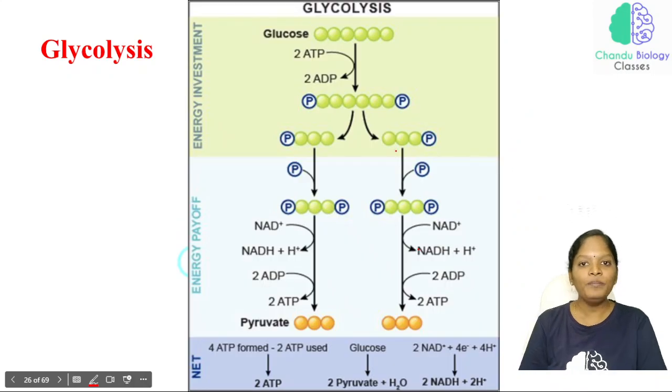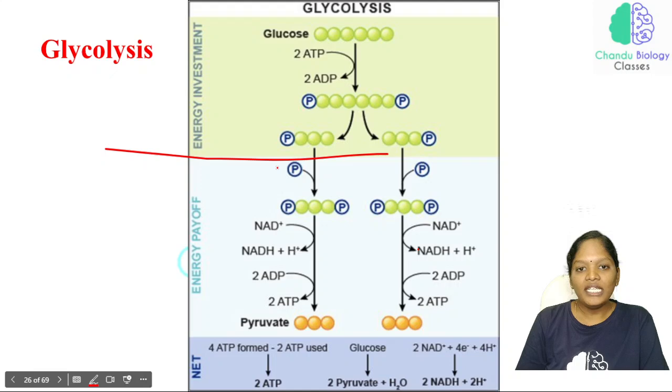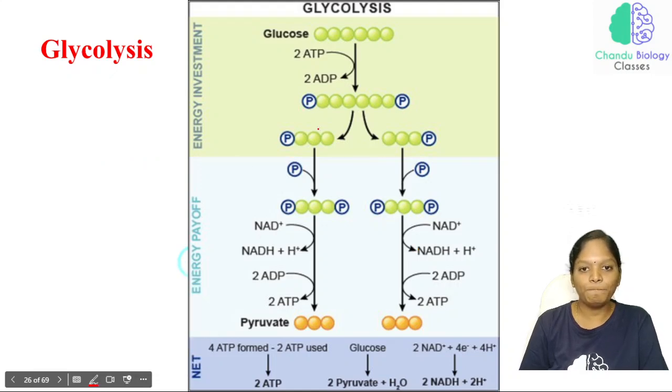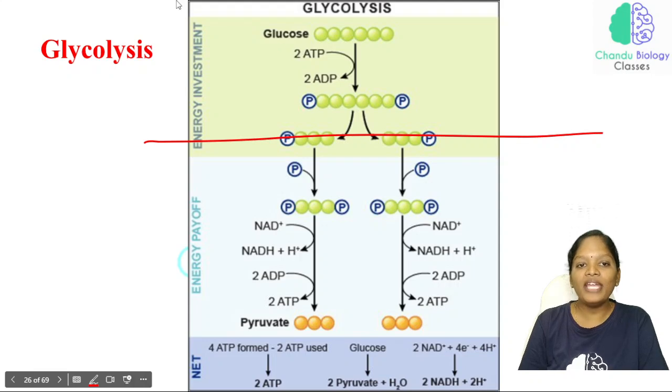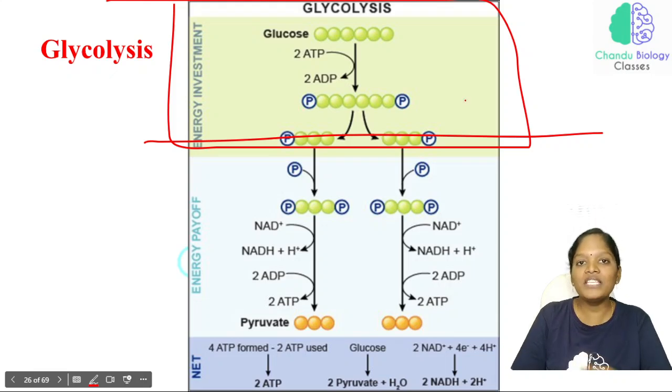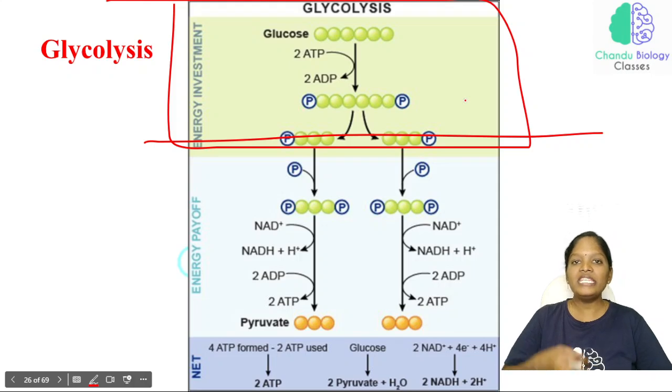Just look here, wherever it is converting into 2 branches, dihydroxyacetone phosphate and glyceraldehyde 3-phosphate, up to that reaction is the energy investment phase, that is the preparatory phase, which means the energy is being invested there.